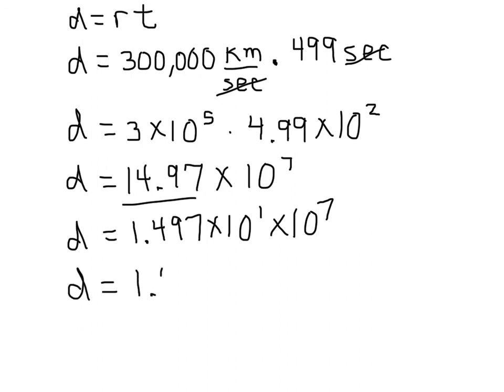So it's 1.497 times 10 to the 8th. And remember to always put your unit of measurement, it's in kilometers. 1.497 times 10 to the 8th kilometers. And that's our answer. That's all for this section.